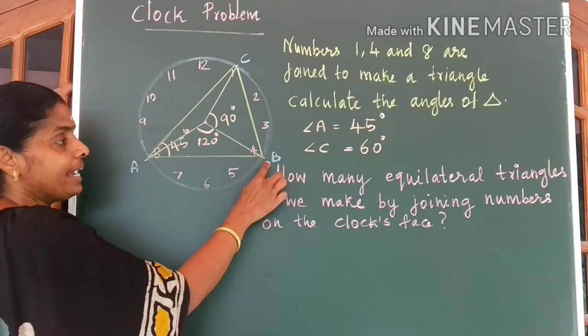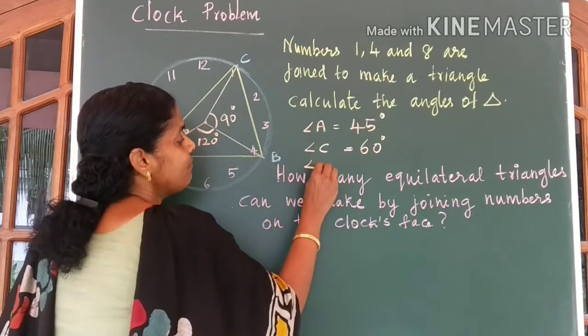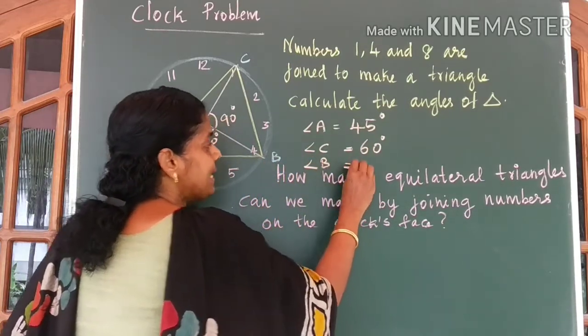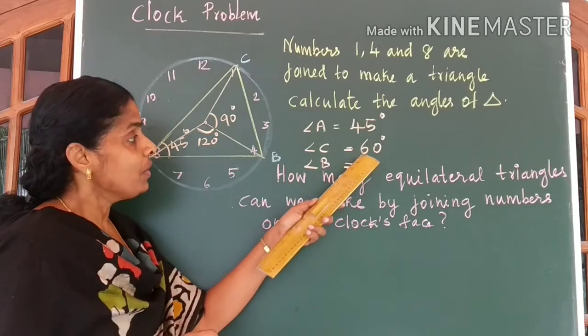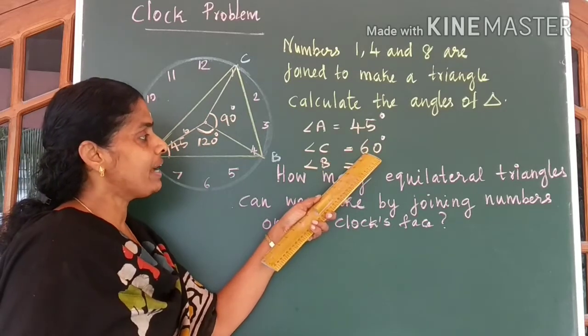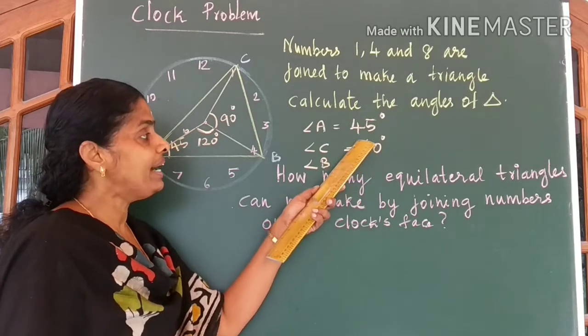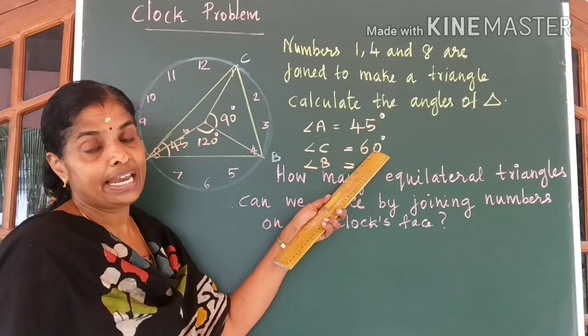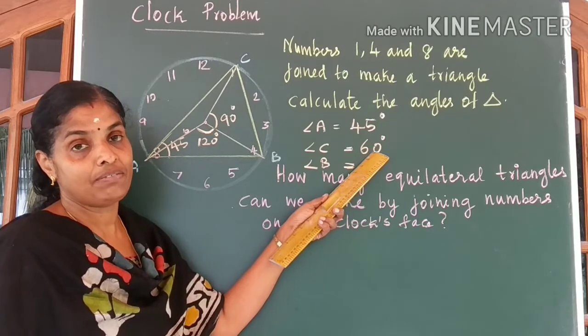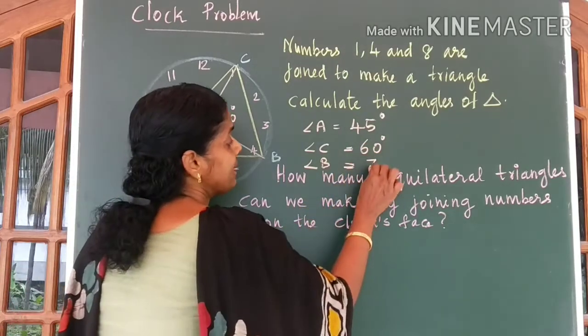And what about angle B? That we can find out by just subtracting the sum of 45 and 60 from 180 degrees, isn't it? So you will get 105 here. 180 minus 105 gives you 75 degrees.